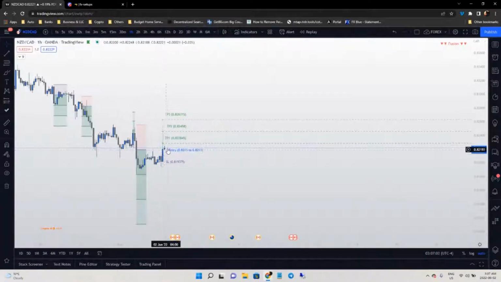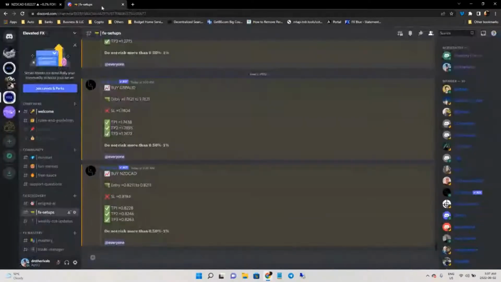When you receive an alert, you receive it in the FX setup channel that we have with DreDayFX. You have the option with the discovery package to set up your own alerts, so you don't need to rely on this channel, because you have access to set up your own alerts on TradingView.